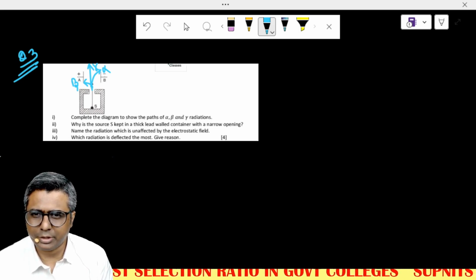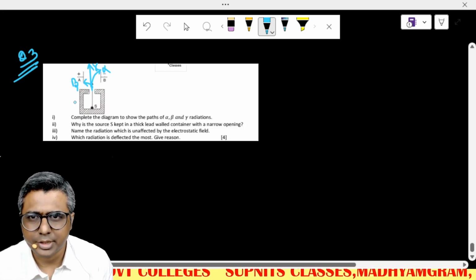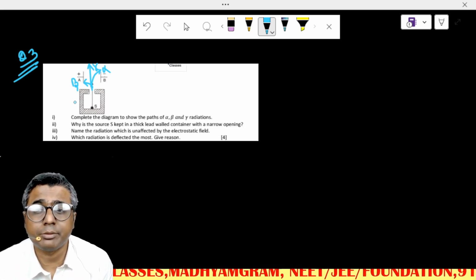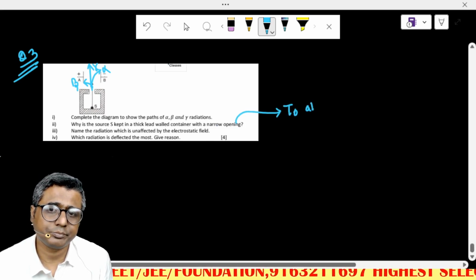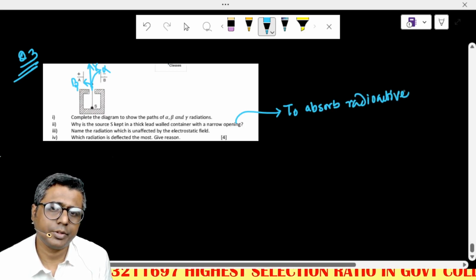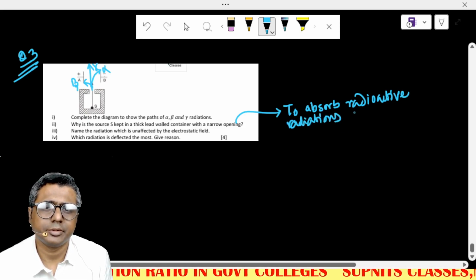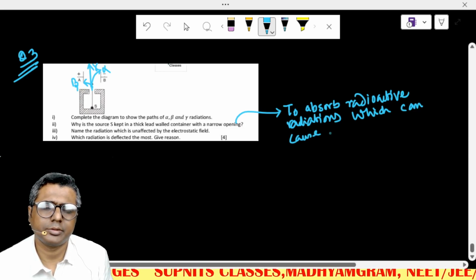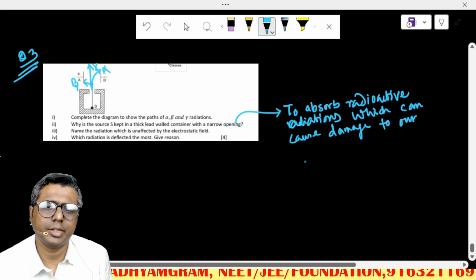So they are going to use a certain material, a certain enclosure, which absorbs these radiations, and lead is such a material which can absorb these radioactive radiations. Who is going to absorb these radioactive radiations? Lead is going to absorb. So you can write here: to absorb radioactive radiations which can cause damage to our health.